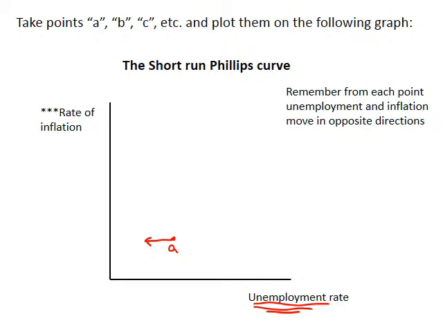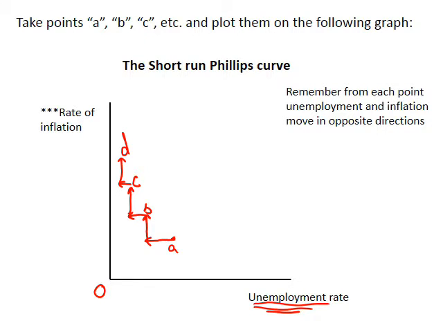And we saw that the price level increased to get to B. If we went from B to C, again, unemployment goes down, the price level goes up. And if we went from C to D, we have the same thing happening, the inverse relationship.